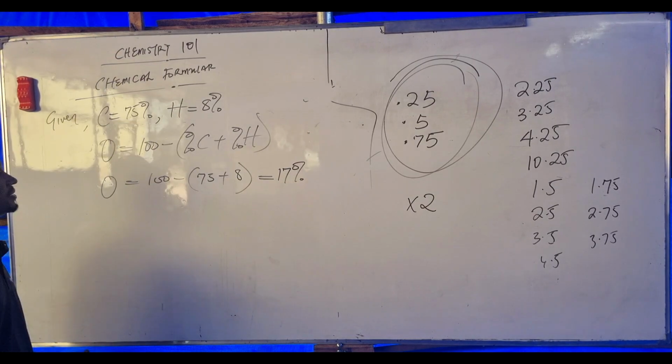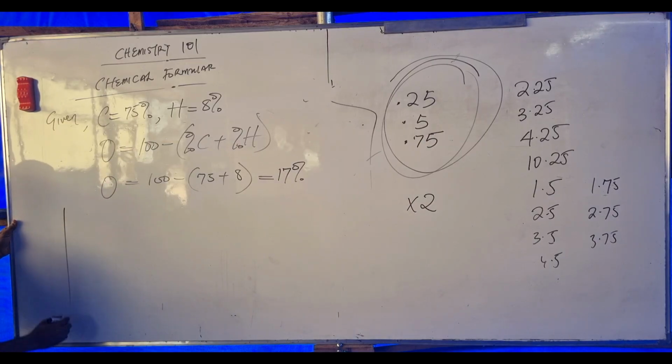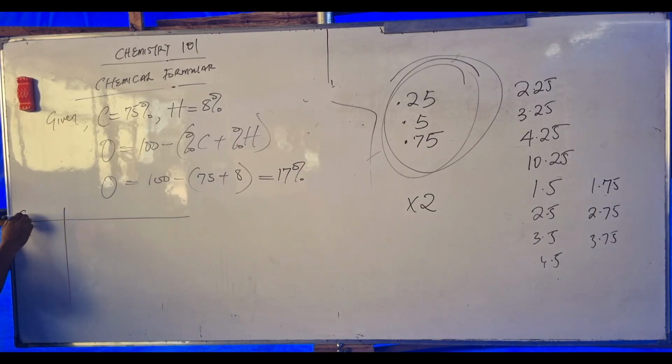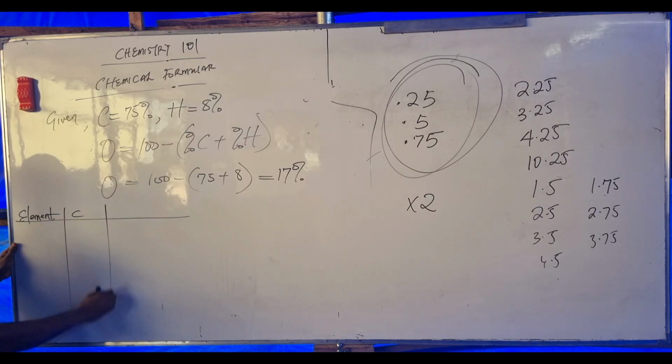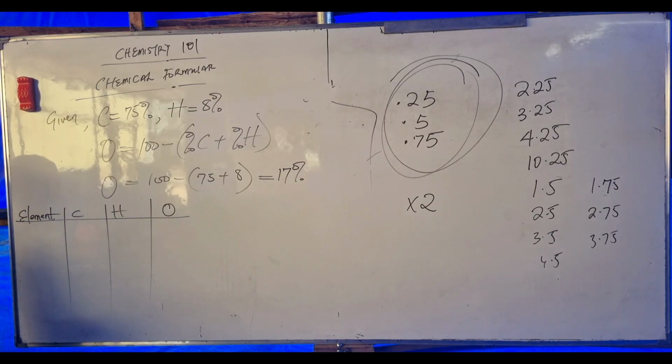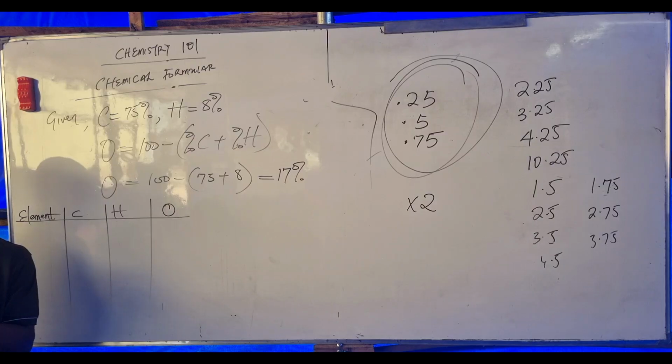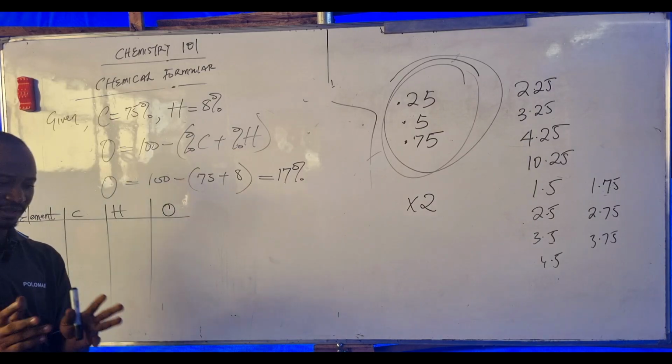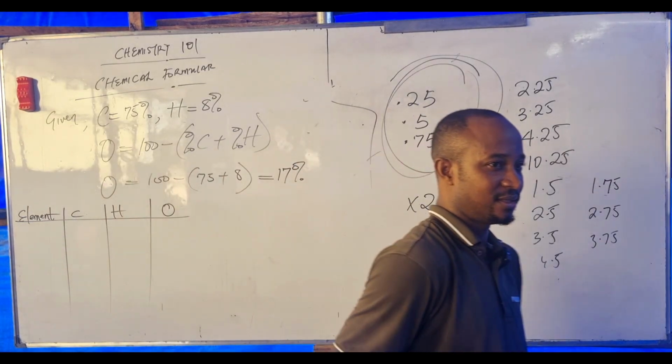All right, so let's go. What is next now? The table, right? We have the elements: carbon, hydrogen and oxygen. Today's class, I hope it is useful, right?